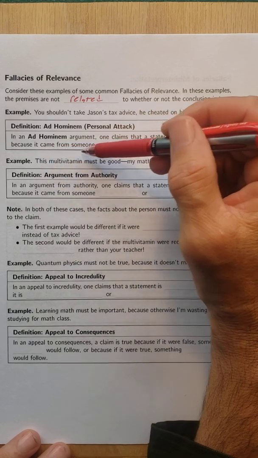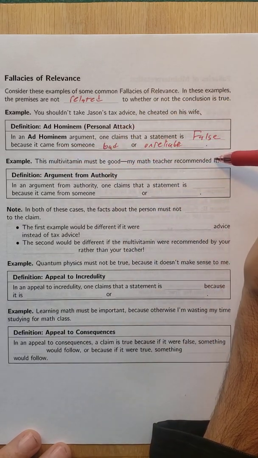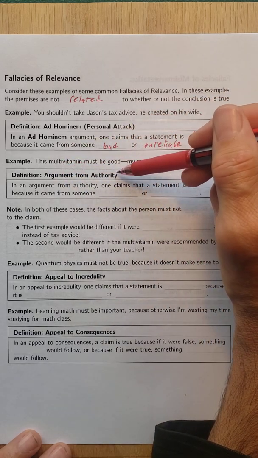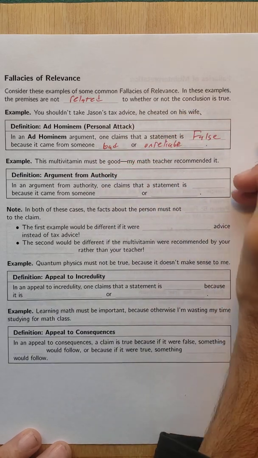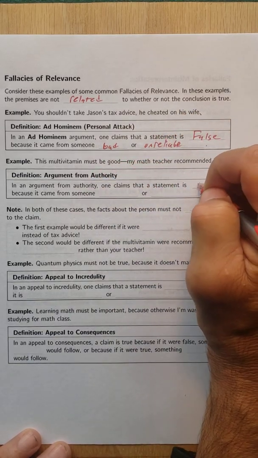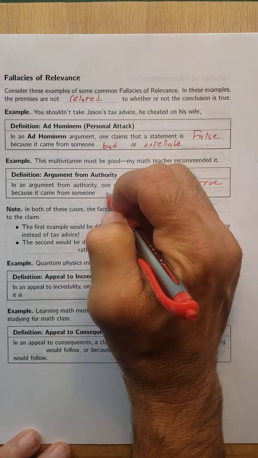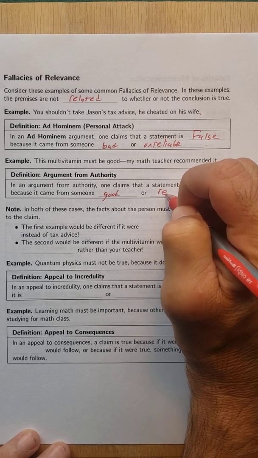This multivitamin must be good. My math teacher recommended it. This is what's referred to as an argument from authority. In an argument from authority, one claims that a statement is true because it comes from someone good or reliable. So just the opposite of what we just had.